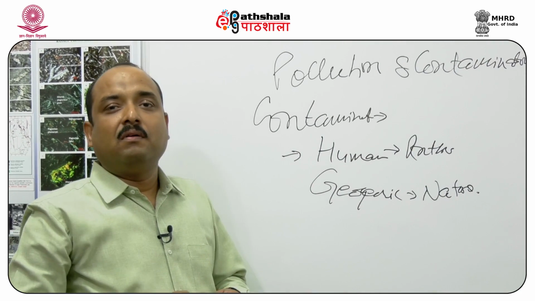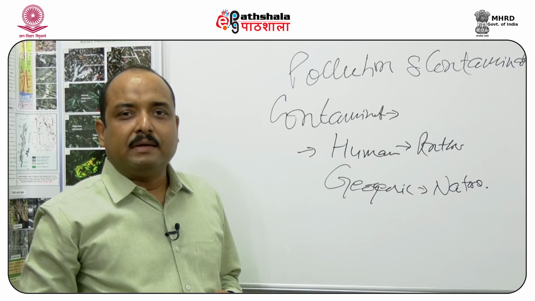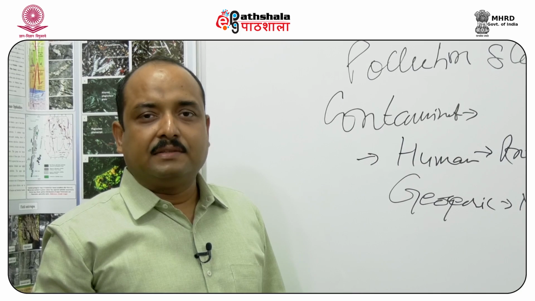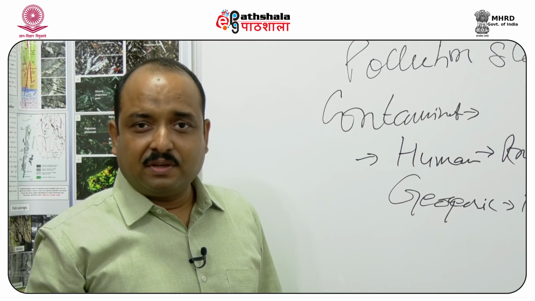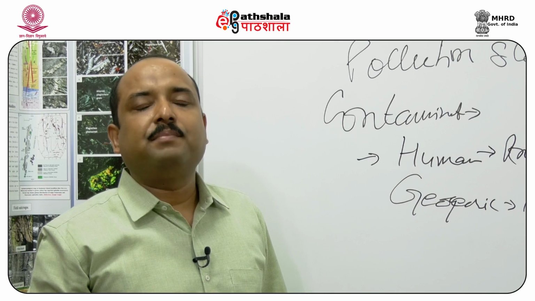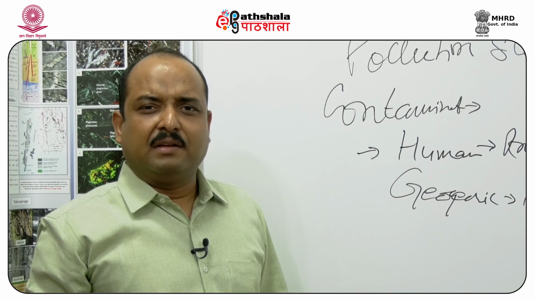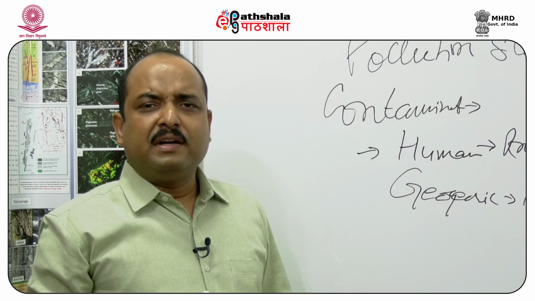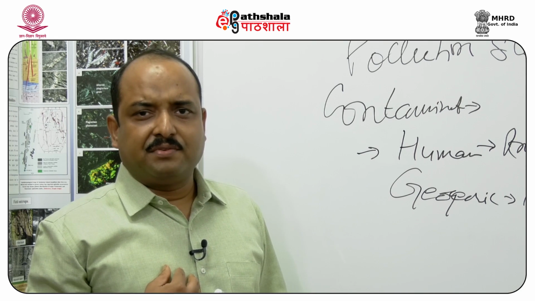Be it so, then what is pollution? The moment contamination from either geogenic sources or anthropogenic sources crosses the desired level, that is pollution. We finish this here because many books, many workers follow different perspectives and definitions, but in my perspective, this is okay.